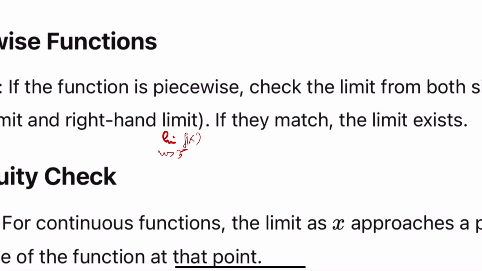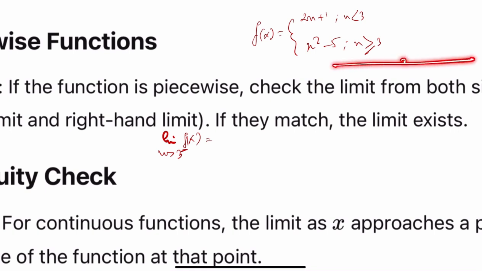Our function is 2x plus 1 if x is less than 3, and x squared minus 5 when x is greater than or equal to 3. So in this case we have x equal to 3. This is the left side, and this is the right side. For the left side we will take this part, for the right side we will take this part.